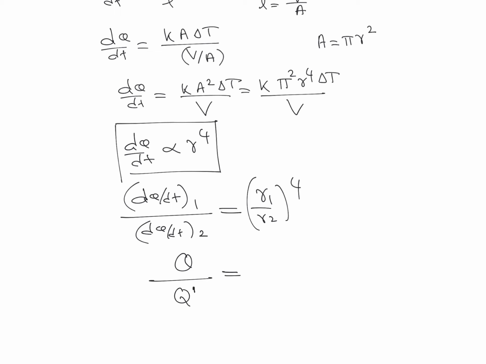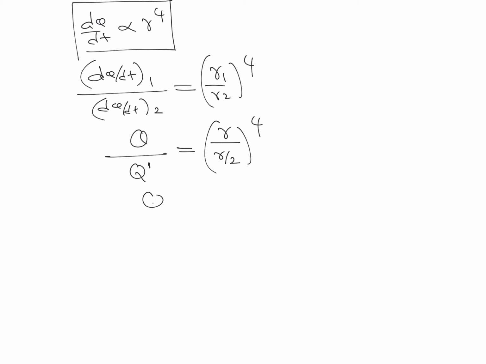The radius in the first situation is r, and in the second situation is r by 2, raised to 4. So Q divided by Q dash is equal to, with r and r cancelled, 2 raised to 4, which is 16. So the value of Q dash is Q divided by 16.